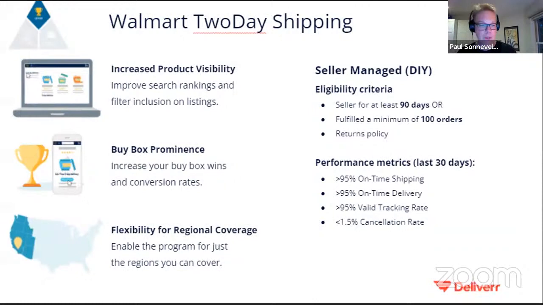And of course, Walmart fulfillment services, Walmart's equivalent to Amazon's FBA program. If you're into that program, you automatically qualify for Walmart 2-day shipping as well. So certainly worth looking into that program and making sure that, maybe even starting with your top 10 bestsellers to do that.